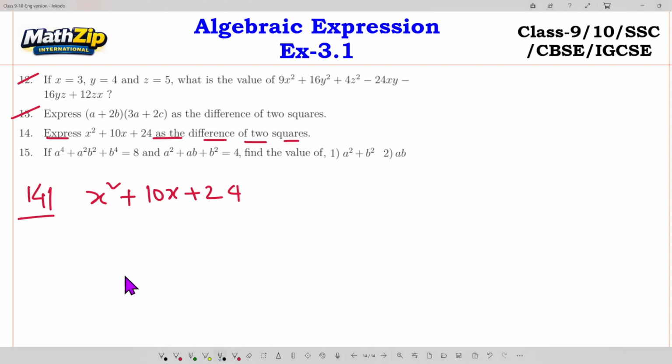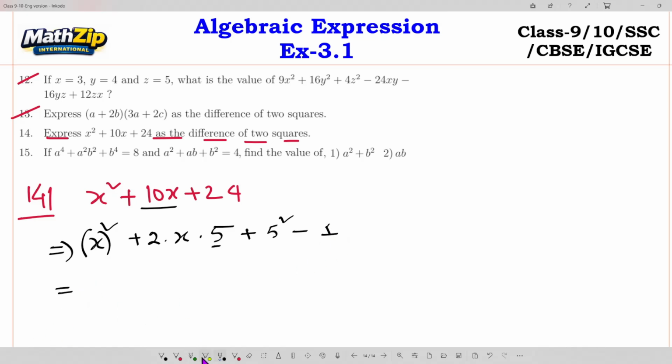So one of the best ways to solve this one: we can write x squared, and to make 10x we can write 2 times x times 5. It means this is a squared plus 2ab, so this is b. Then b squared means 5 squared, which is 25, but here it is 24, so we have to deduct 1.